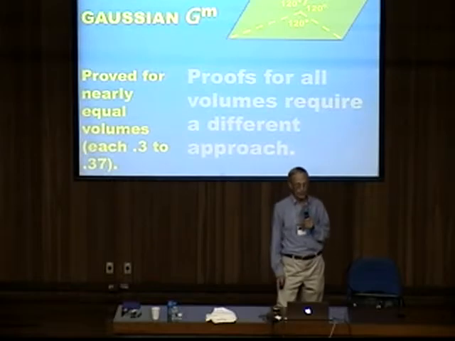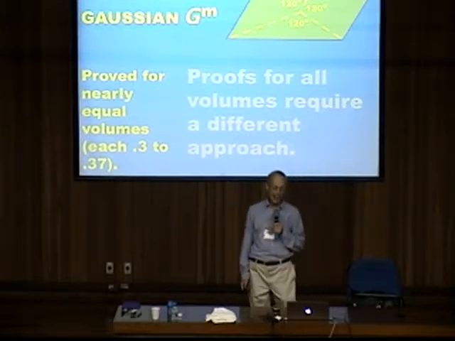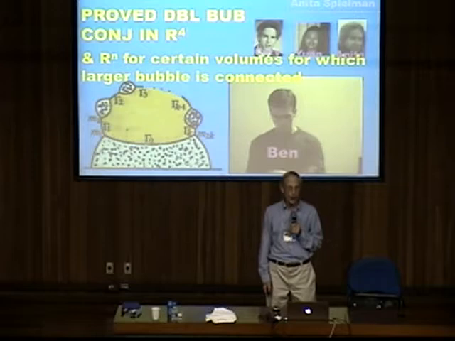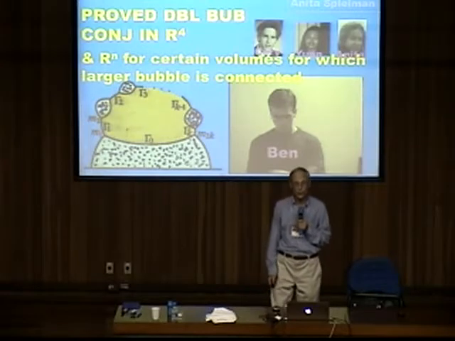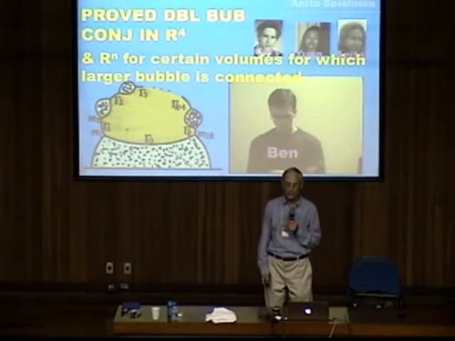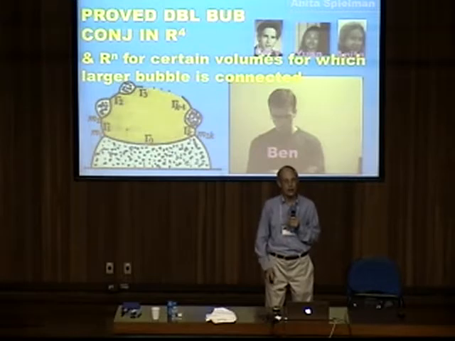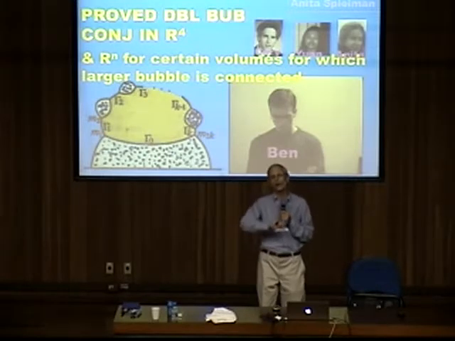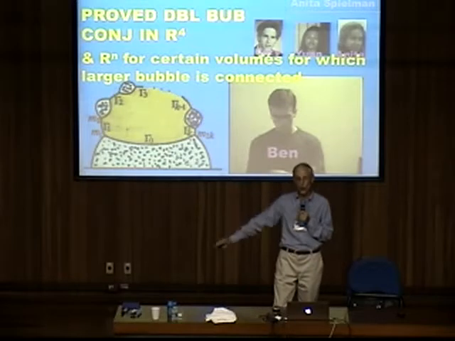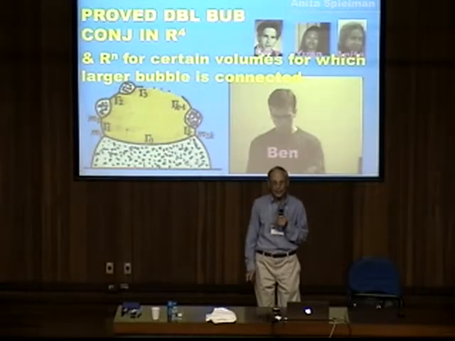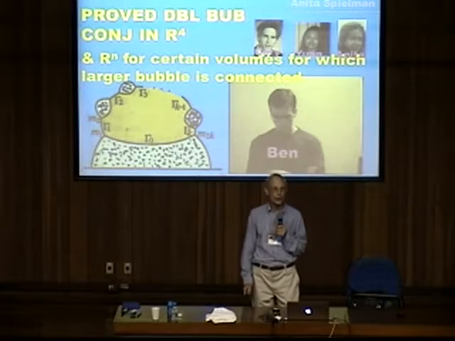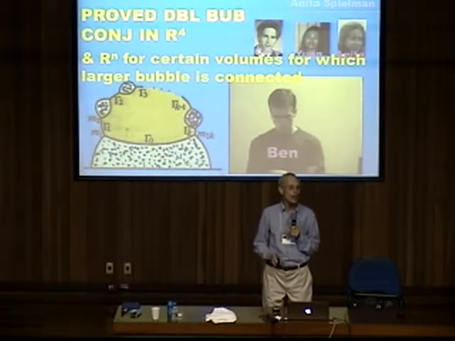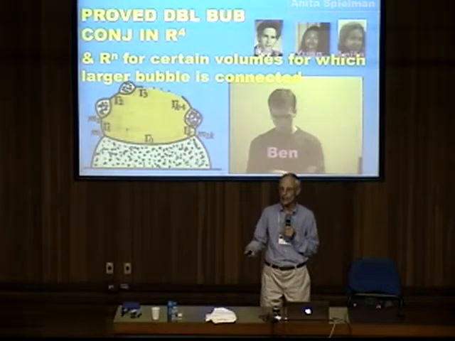The first big project was in 2008, about 8 years later, when Reichardt went on and was able to prove the double bubble conjecture in all dimensions, in Rn, for all volumes. And the way he did it was avoiding the connectedness lemmas altogether by making the instability argument work, no matter how many components each region had, necessarily finite by the regularity theory.